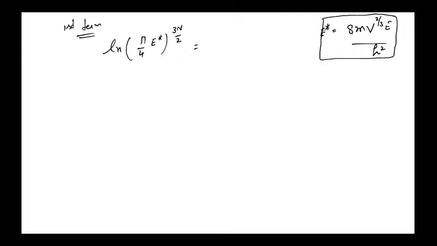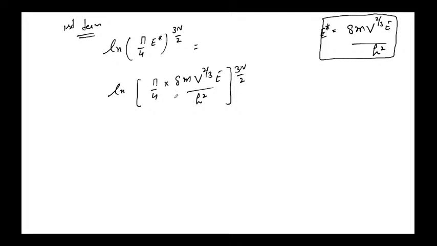So we put the value of this E star in this equation, and it becomes log of (pi by 4 into 8 m V^(2/3) E over h square) to the power 3n by 2.